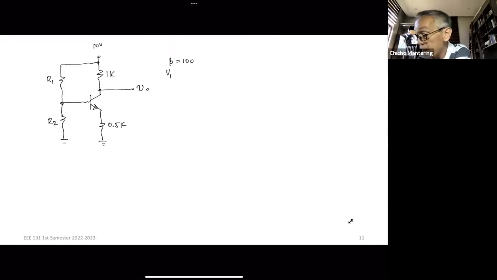Let's say VBE active, the value of VBE in active mode, is 0.7 volts, meaning to say it's a silicon transistor. And then let's say that our desired Q point is at V sub O equal to 5 volts. That's just arbitrary.